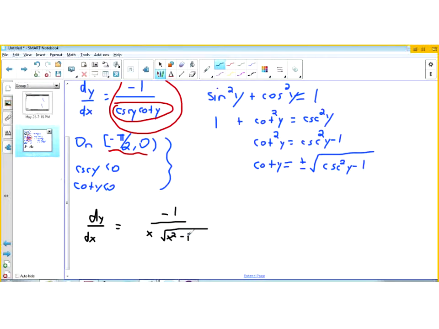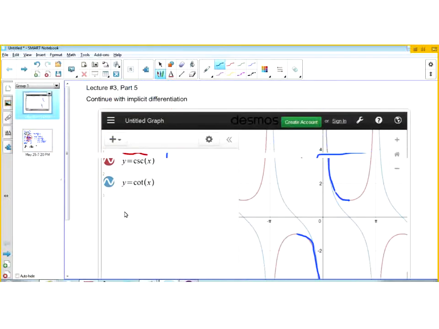And since both quantities are negative, okay, so if we look at the interval from -π/2 to 0, now let's consider this interval. For the inverse cosecant function, we should really take a look at its domain, right?